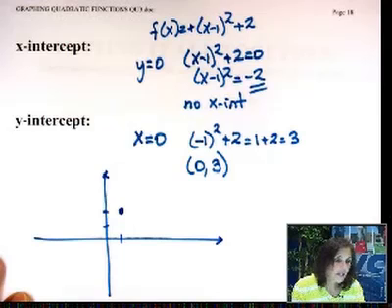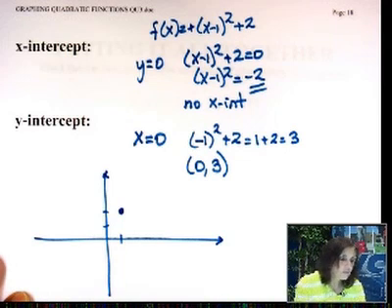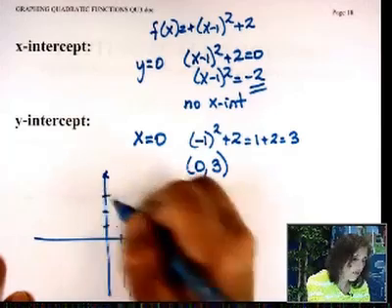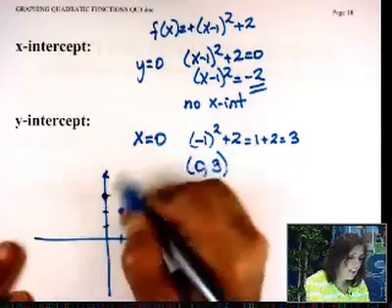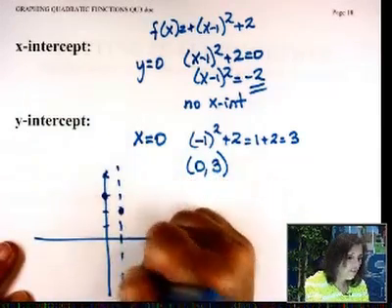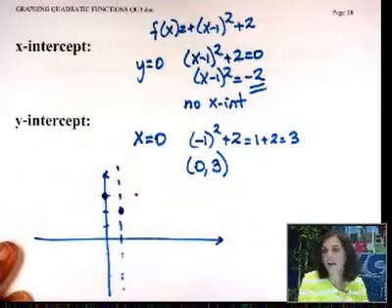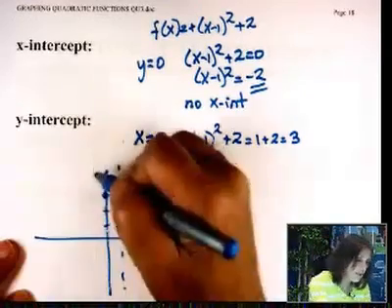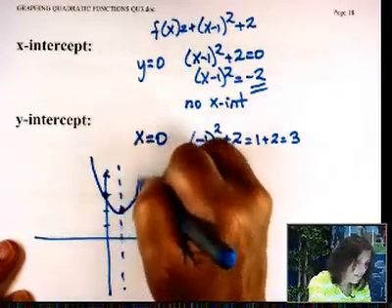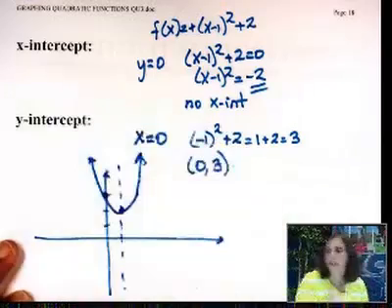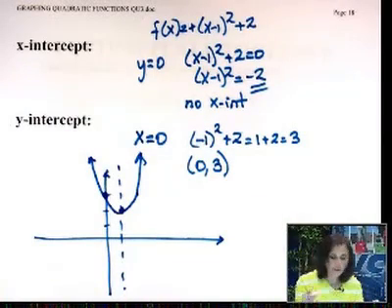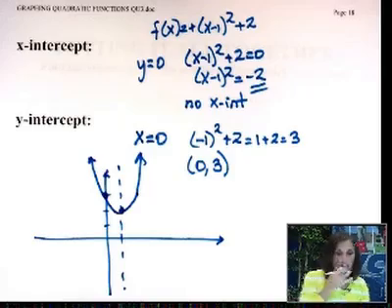There is no x-intercept, and the y-intercept is 3. It has to go through here. Here's my line of symmetry. So that means it has to be here on the other side because of the symmetry. And it opens up. Here you go. Okay, so this one was a little bit easier than the previous one.